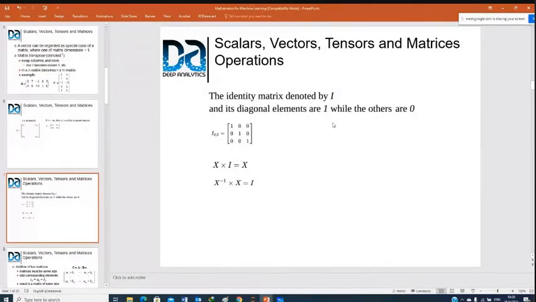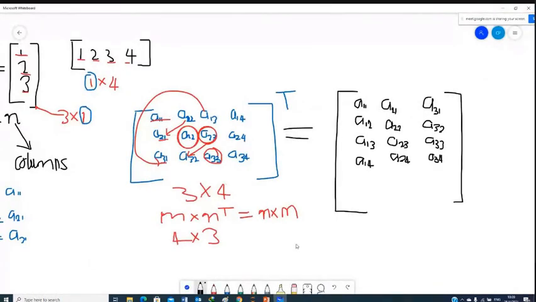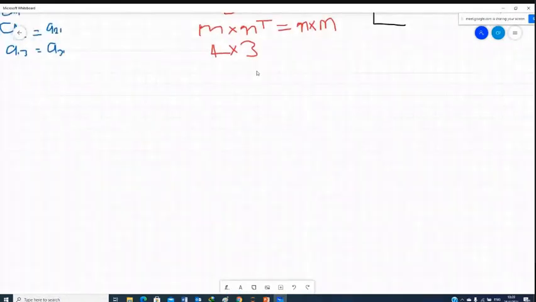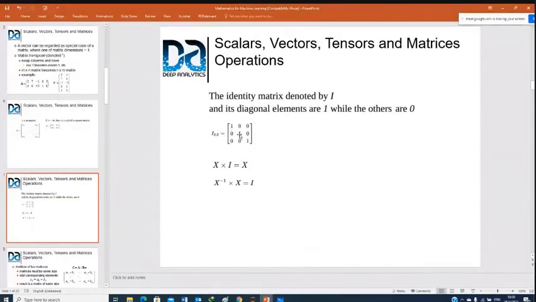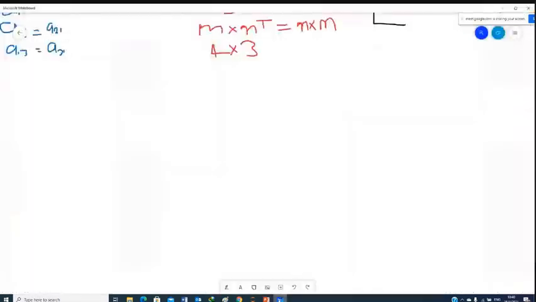So the identity of a matrix, right? The diagonal is all ones, and everywhere else is 0. It's denoted by I, and its diagonal elements are 1, while all the others are 0. So it's like this.